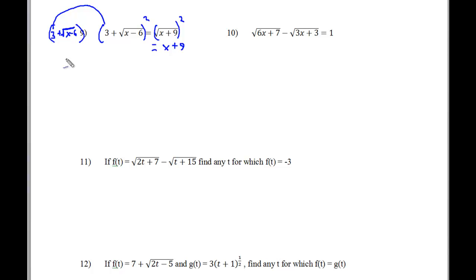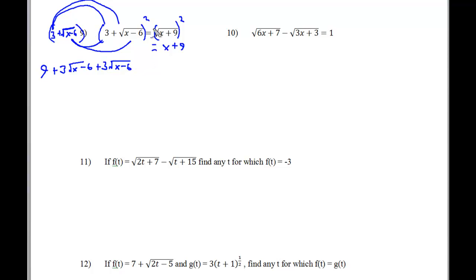So 3 times 3 is going to be 9. 3 times the square root of x minus 6 is going to be 3 square root of x minus 6, and then this inside term is going to be 3 square root of x minus 6 as well. And then for this last term, these two multiply together.